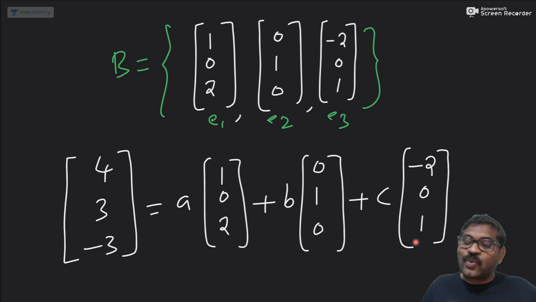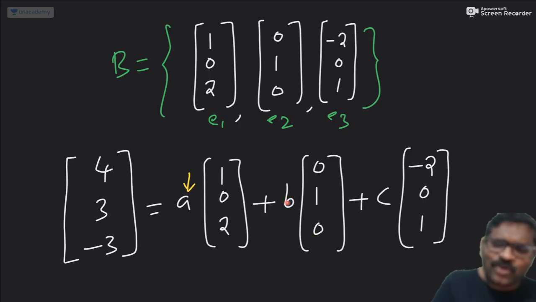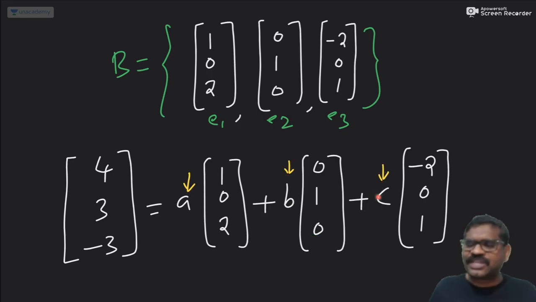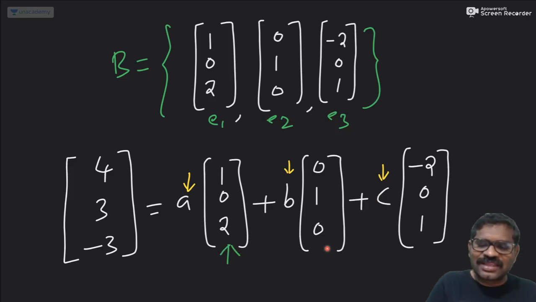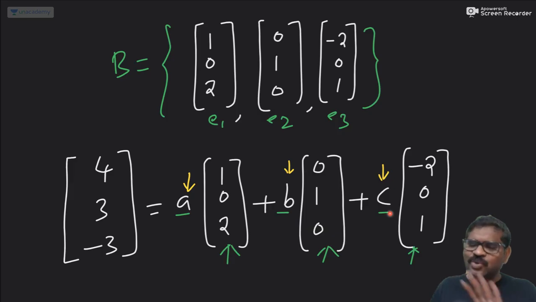So now what are the values of A, B, C? What is the value of A, what is value of B, what is value of C. Our job is to calculate A, B, C values. What he has given? Minus 2 by 5 E1, 3 E2, 11 by 5 E3. E1, E2, E3 are nothing but these vectors, na? Our job is to calculate A value, B value, C value. Do one thing. Equate LHS with RHS.